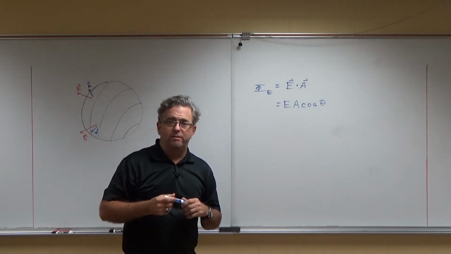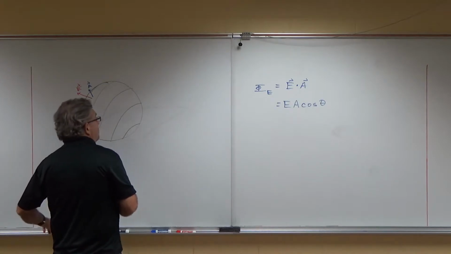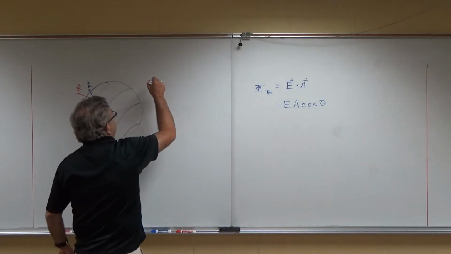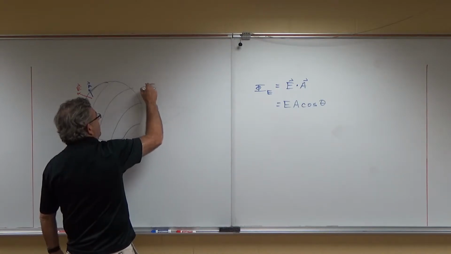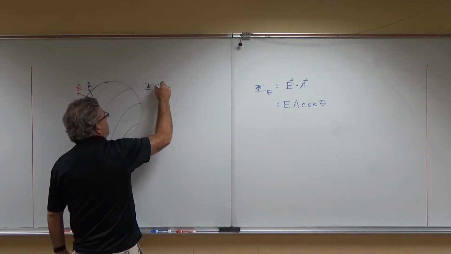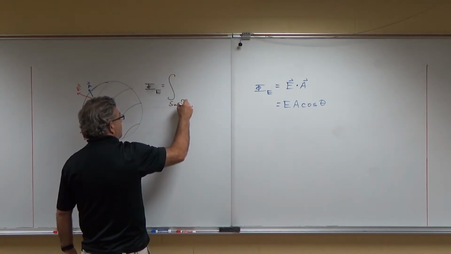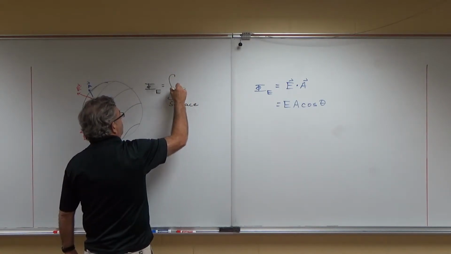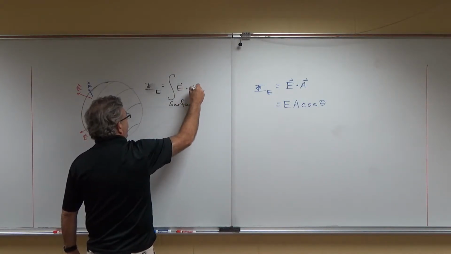To calculate the flux for an object like this, you have to integrate. Phi E is equal to the integral over the surface of E dot dA.